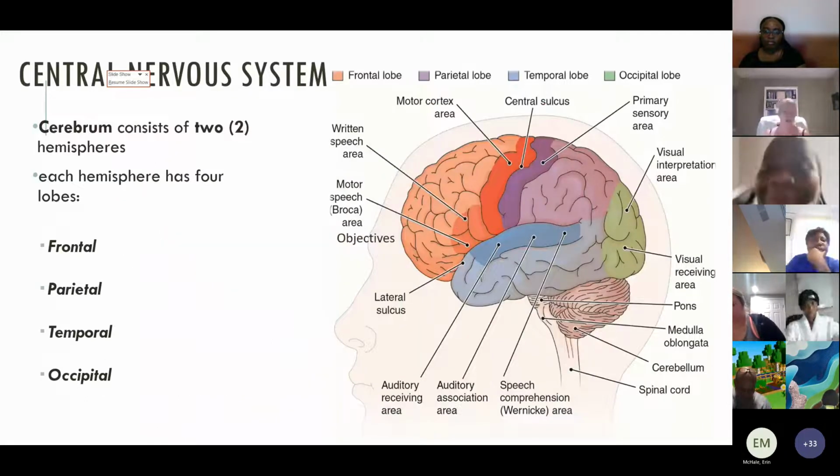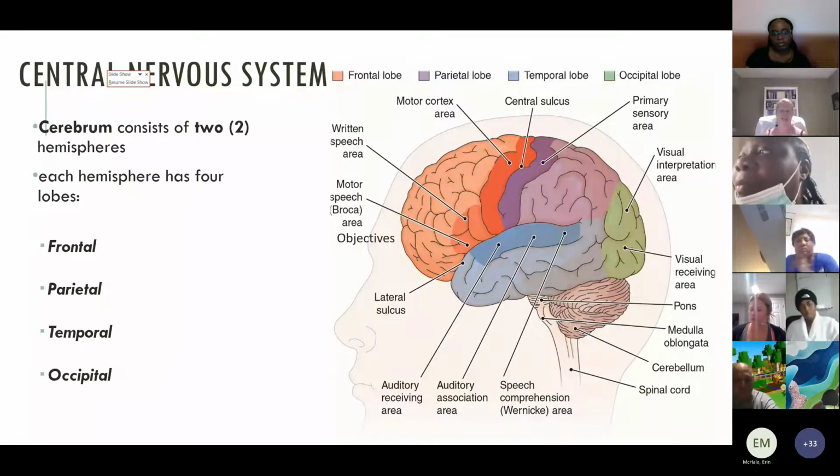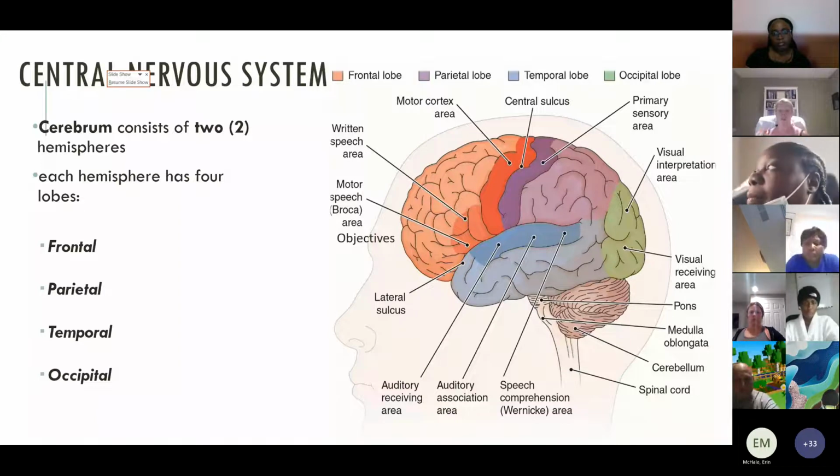And then we have our cerebrum. So when we think of our cerebrum, we have two hemispheres. Each one of those hemispheres has four of the same lobes. So we have a frontal lobe, a parietal lobe, a temporal lobe, and an occipital lobe. And this is important because these areas are responsible for different functions in the body.